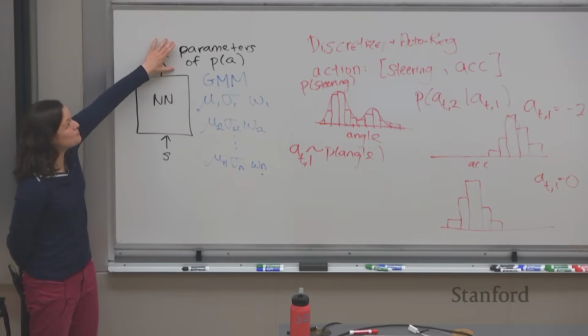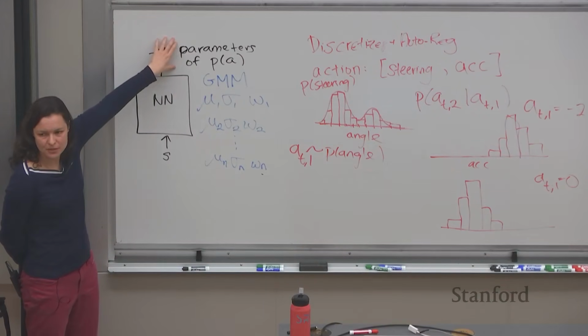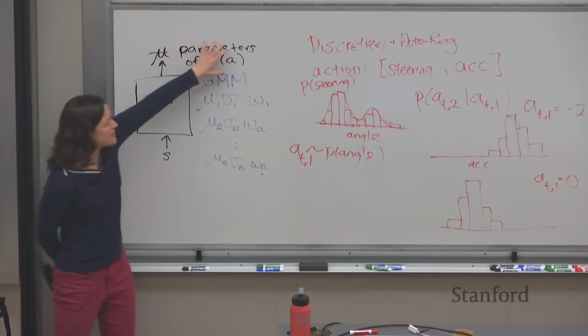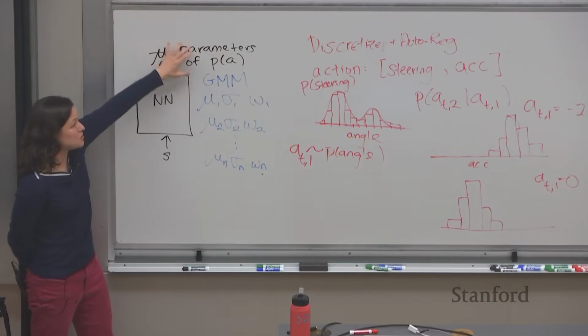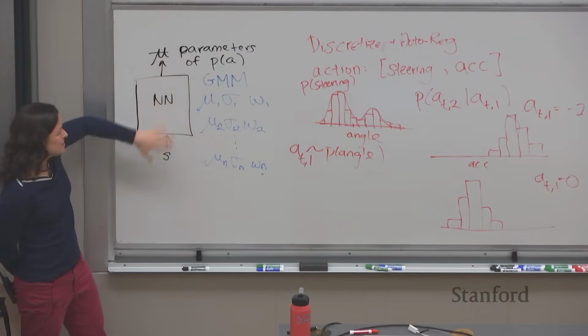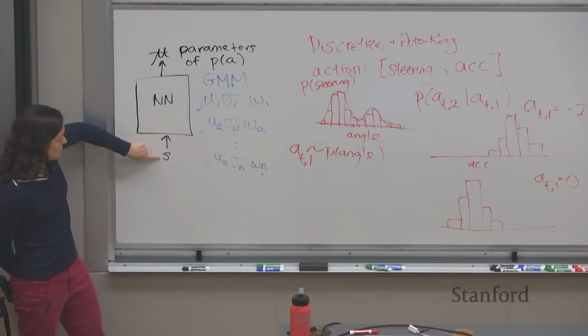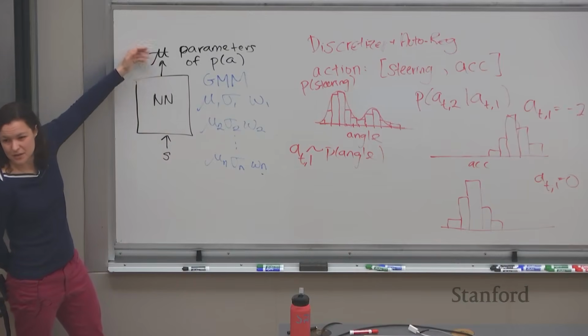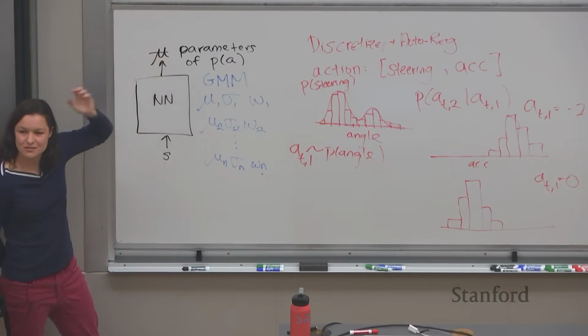The expressivity of the distributions that it can represent is captured by what kind of distribution you're allowing it to represent. If it only outputs the mean and variance, it can very expressively represent functions that go from state to mean and variance, but it can't represent anything more complex than a Gaussian.